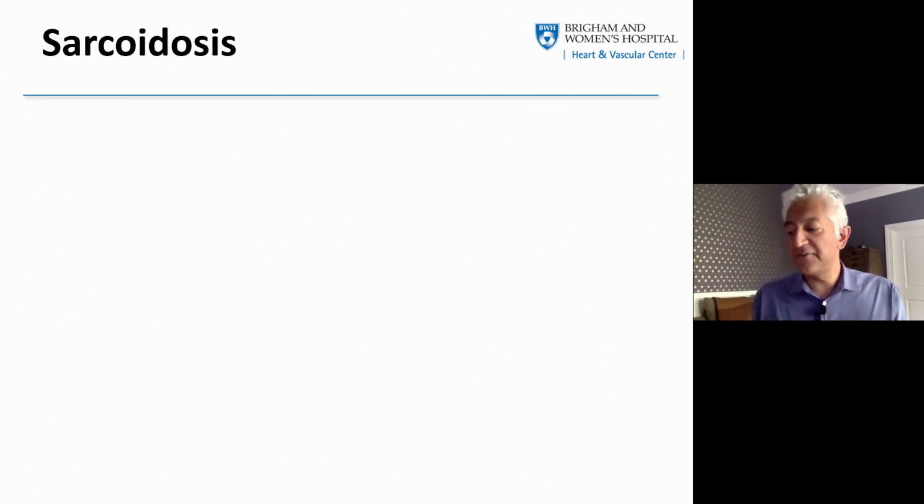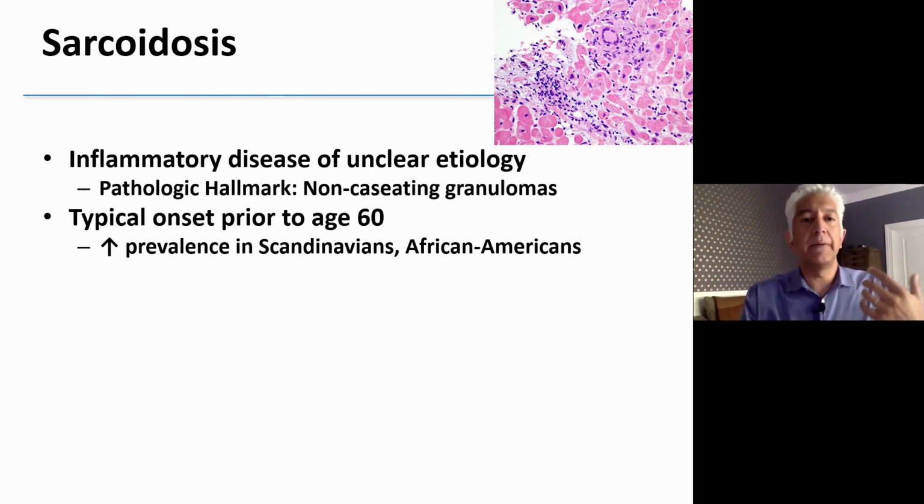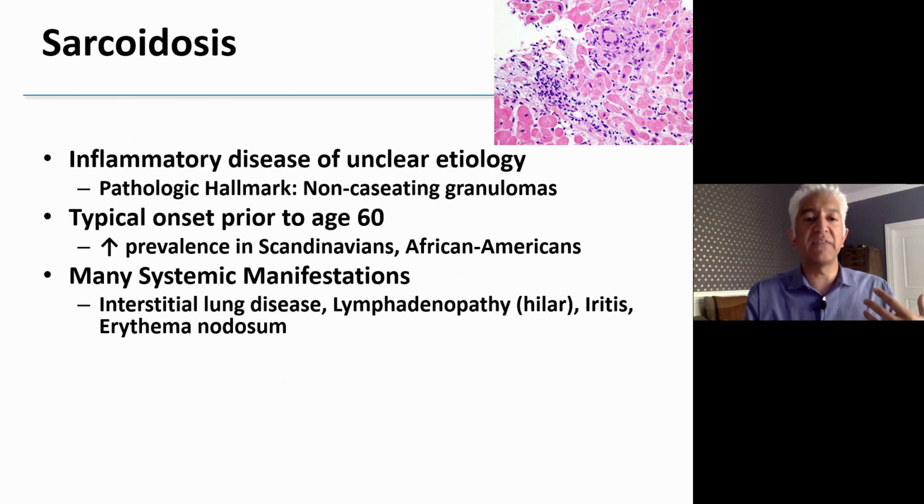Finally, I'll just mention briefly sarcoidosis because I think we're coming to the end of time. This is an entity that is still poorly understood. It's an inflammatory disease of unclear etiology that is characterized by the hallmark non-caseating granulomas, distinguished from the caseating granulomas of tuberculosis. Typically, the onset is prior to age 60 with higher prevalence in certain ethnic groups.